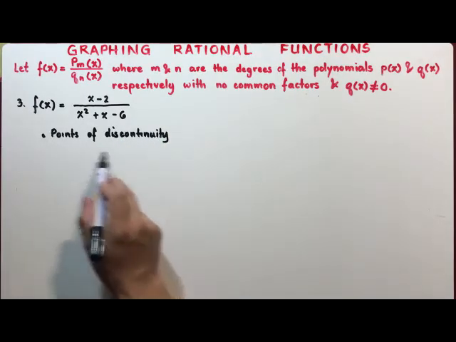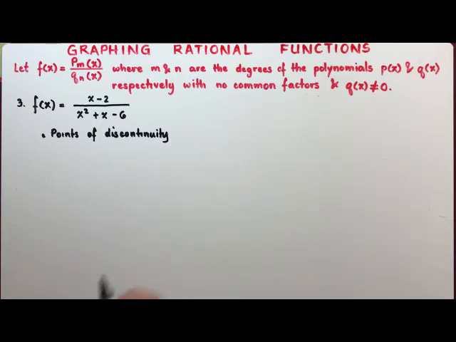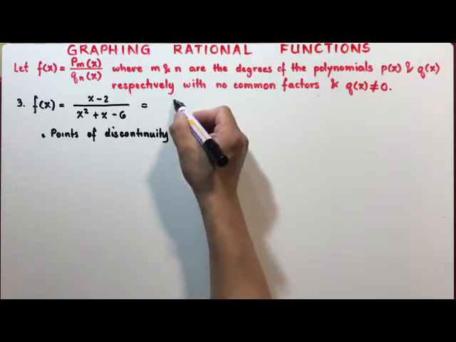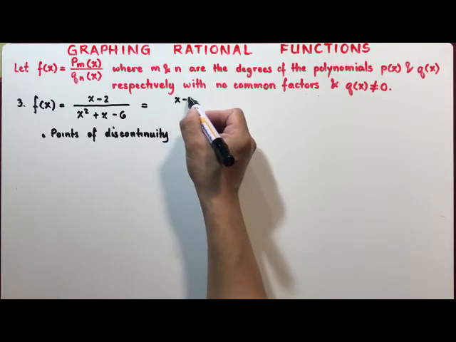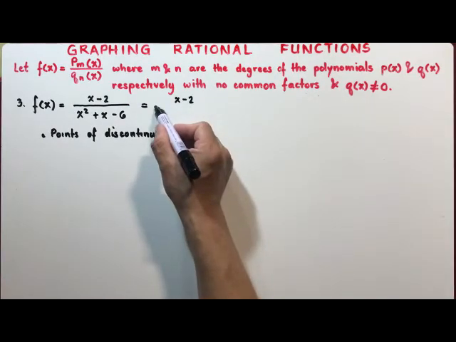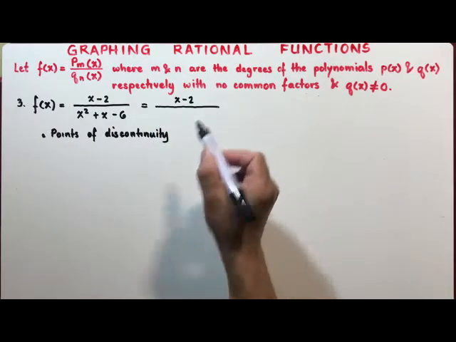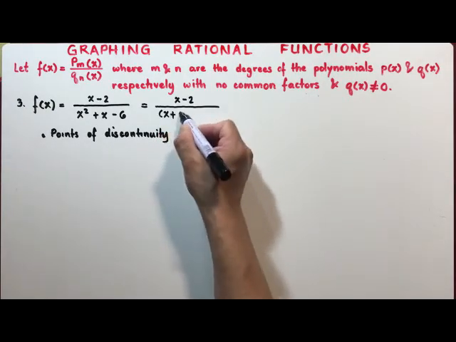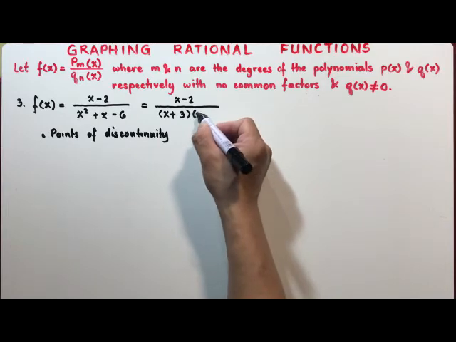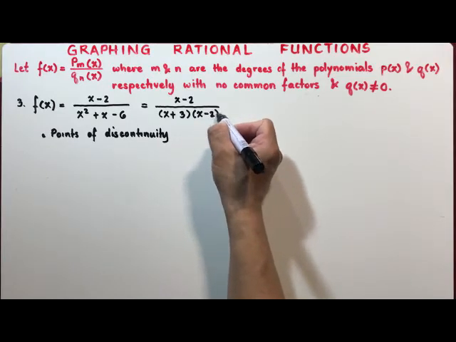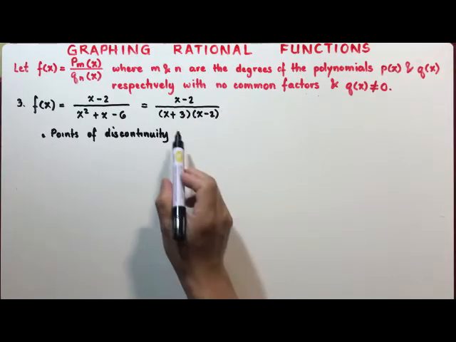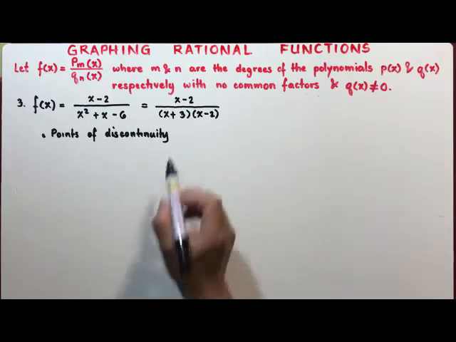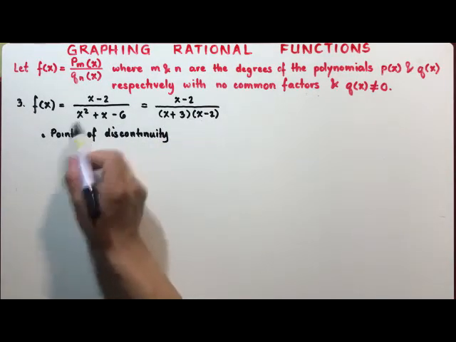So to find the points of discontinuity of this function, let us factor the polynomials. The numerator is linear, so it can never be factored any more, but the denominator can be factored as (x plus 3) times (x minus 2). You can check that these are the correct factors of this quadratic polynomial, because x times x is x squared.